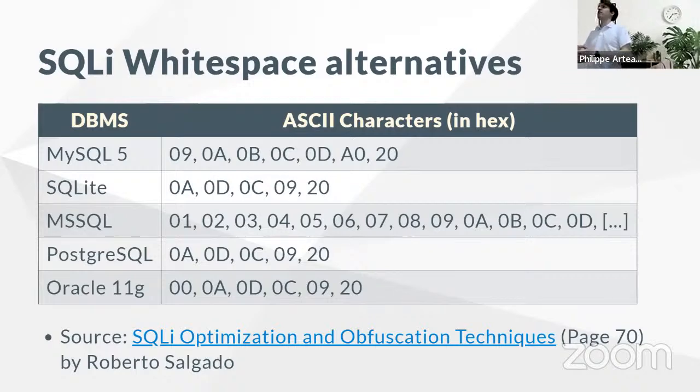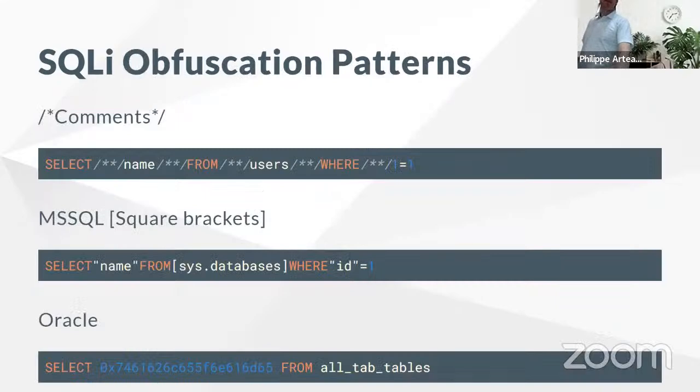So tab will often also be accepted as a keyword separator, but there are plenty, and actually I even cropped the SQL Server one from the original source because there are three times more characters that can be used as whitespace. Also, a few tricks: you can use comments. This is not a single character, but it's going to do the same thing.